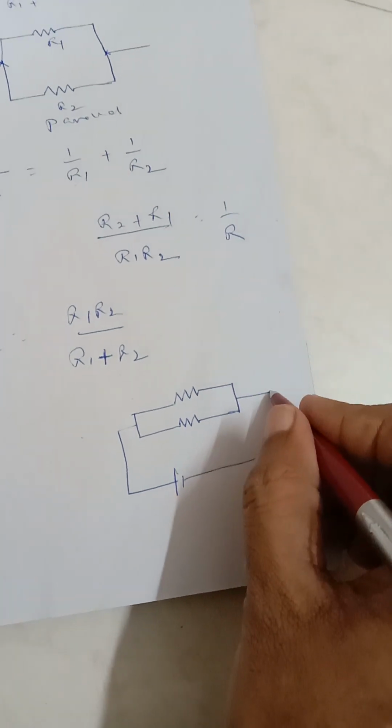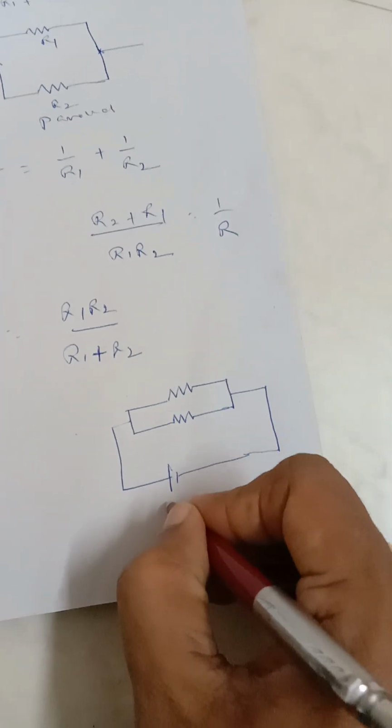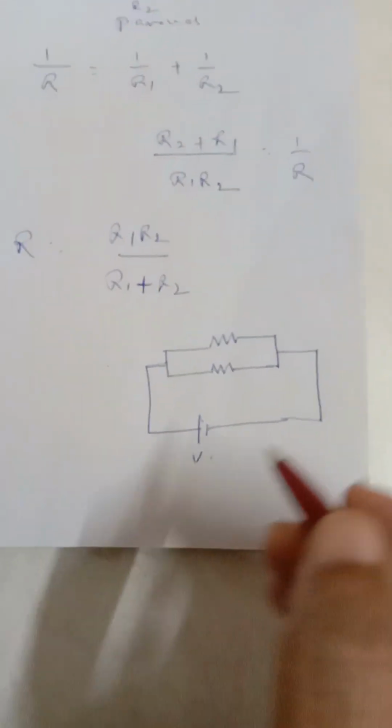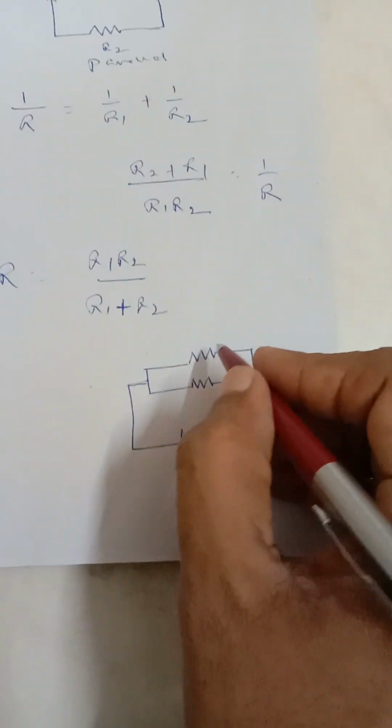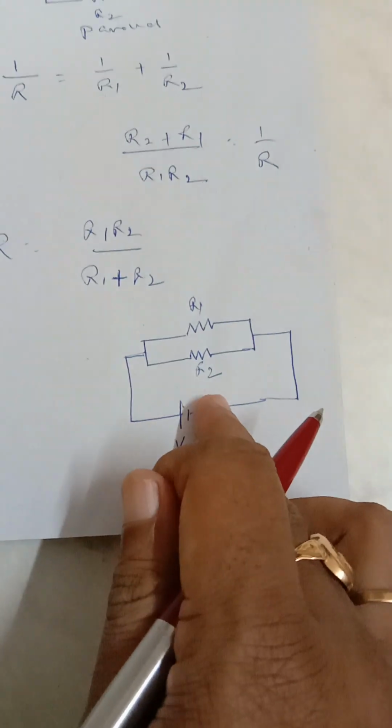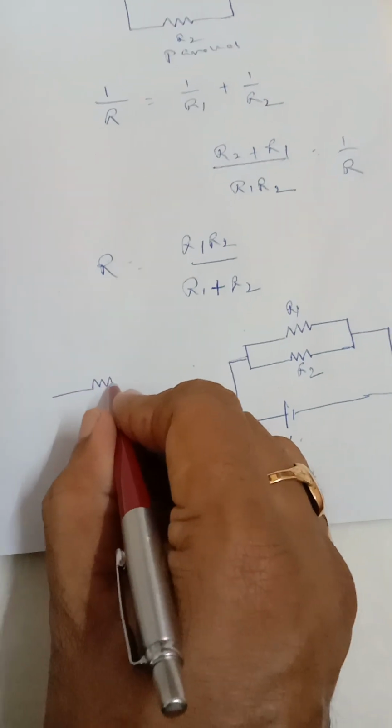Suppose some potential difference V is applied here, with respect to which we have R1, R2. The equivalent resistance R equivalent is there. That means this is R equivalent for this circuit.